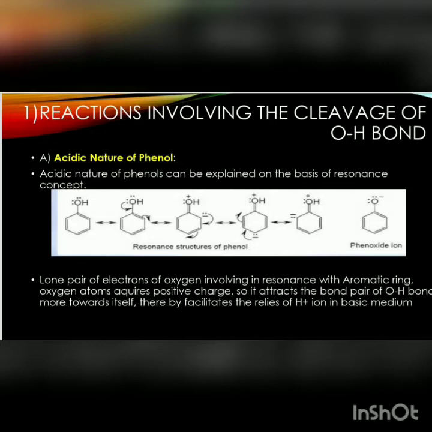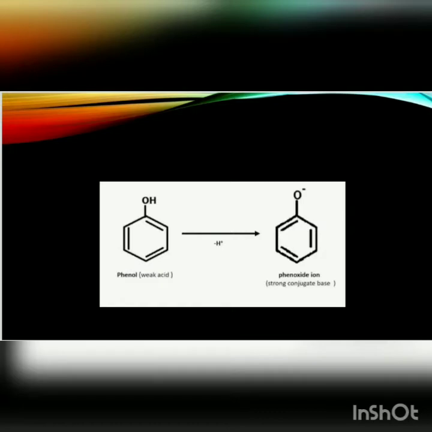Actually, oxygen is an electronegative atom, so it acquires a positive charge. It attracts the bond pair of the OH bond more towards itself, thereby facilitating the release of H plus ion in basic medium.